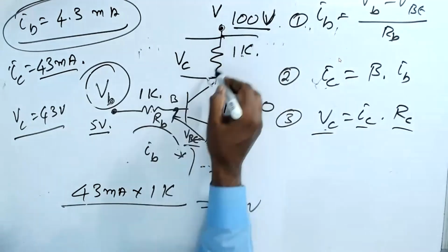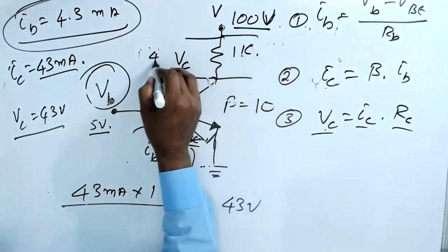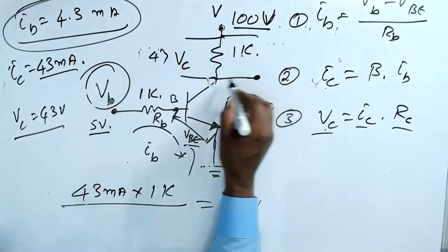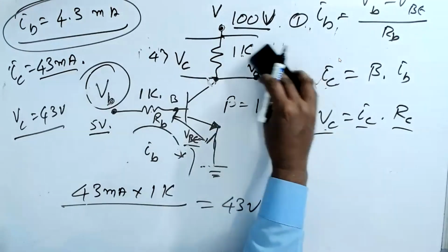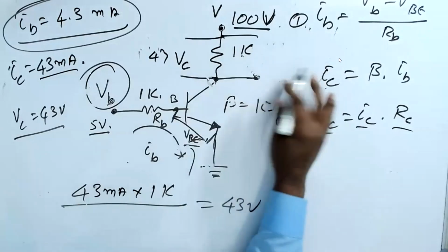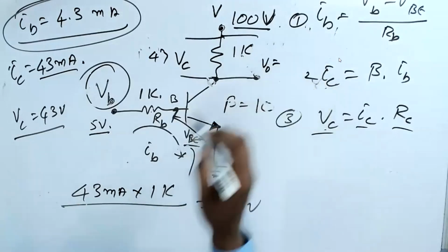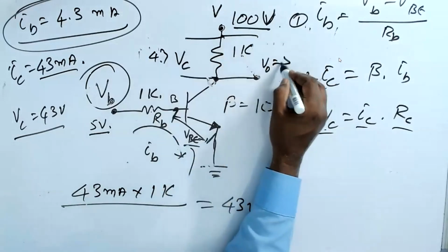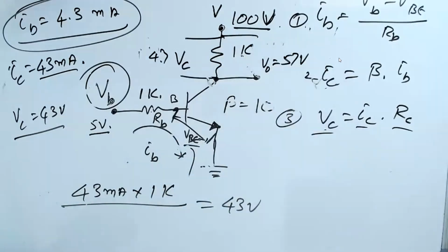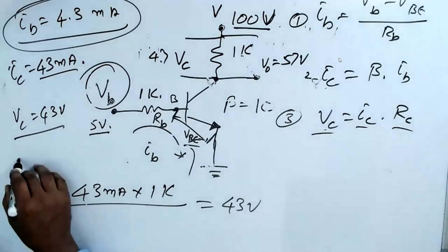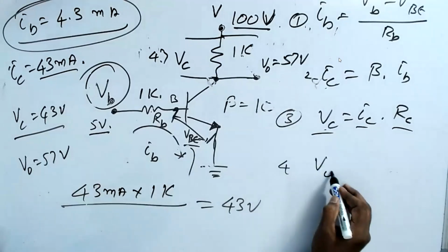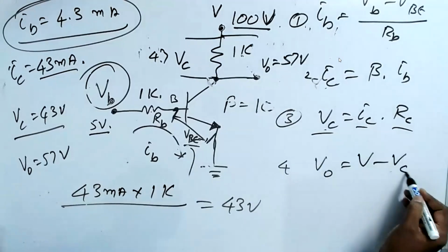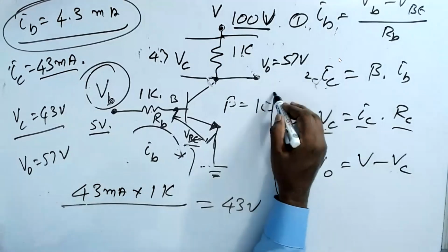And what is the drop here? 43 volts. So what comes here at V naught? V naught is equal to 100 minus 43, 57 volt. So V naught is equal to 57 volt. See how many steps? V naught is equal to V minus VC. You understand now, 4 steps?